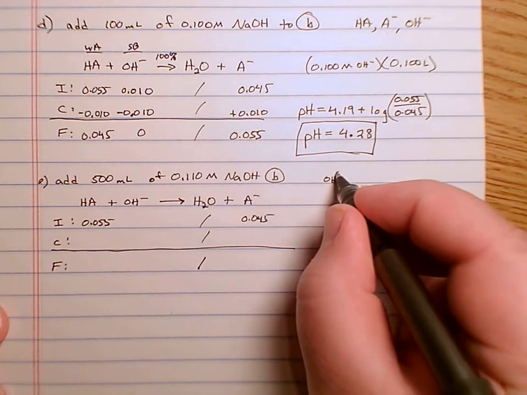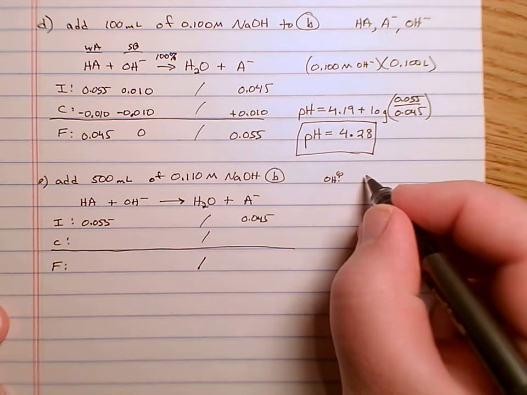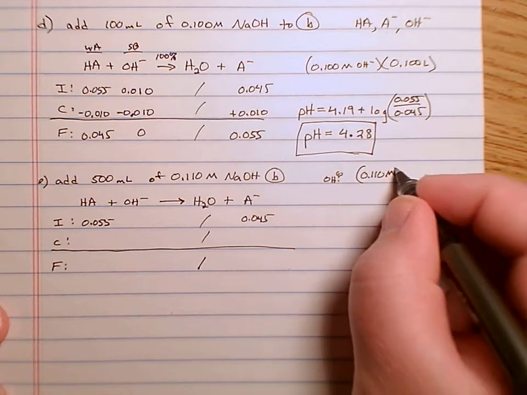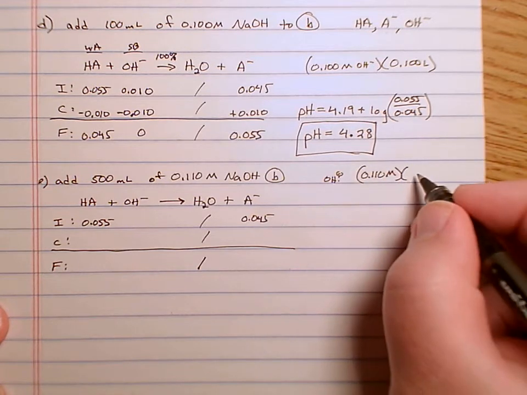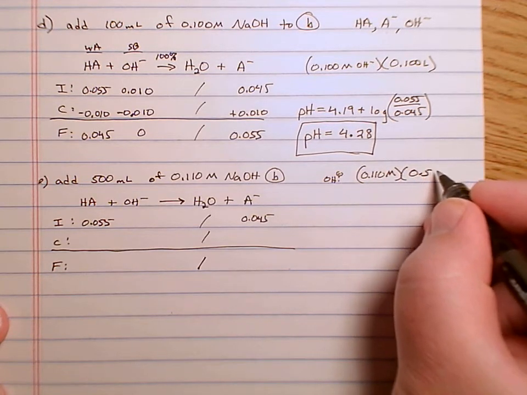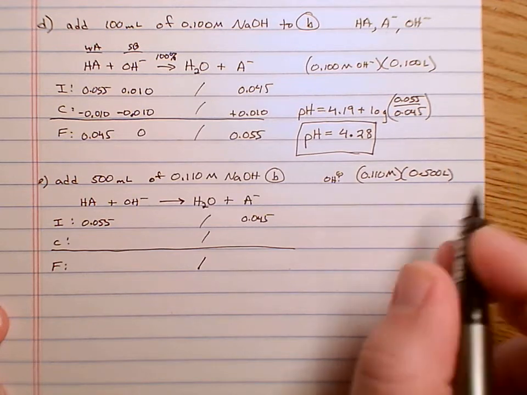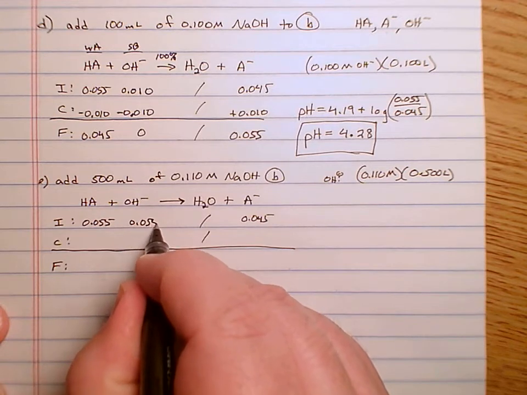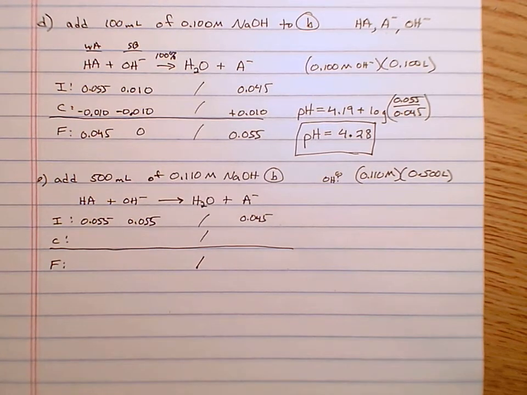What would that be? That's 0.110 molar times 500 milliliters, 0.500 liters, and so that equals, oh, check that out, 0.055 moles of hydroxide.